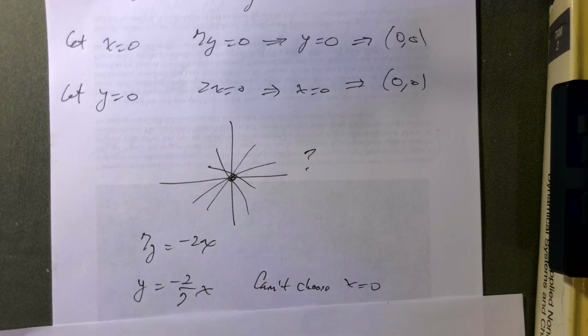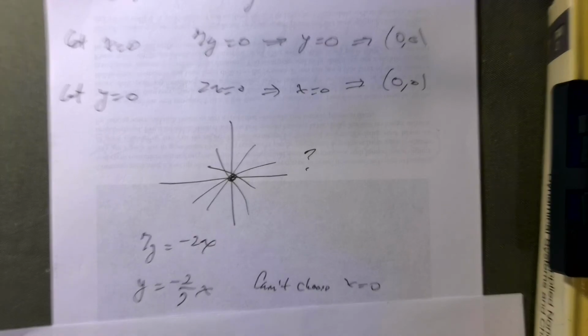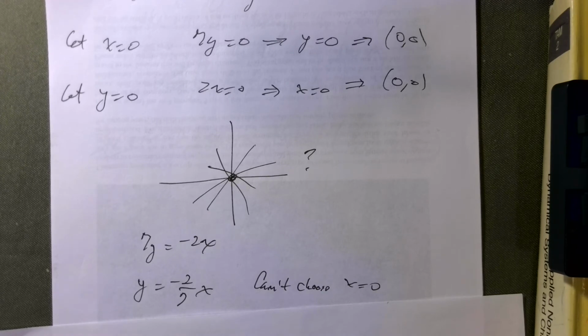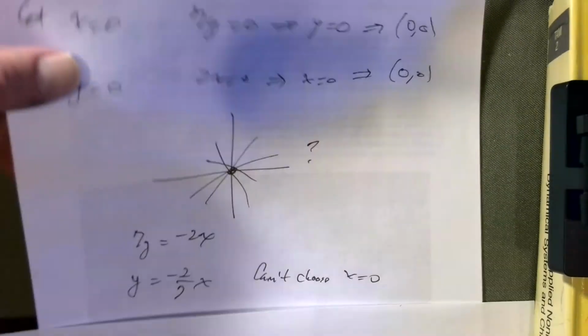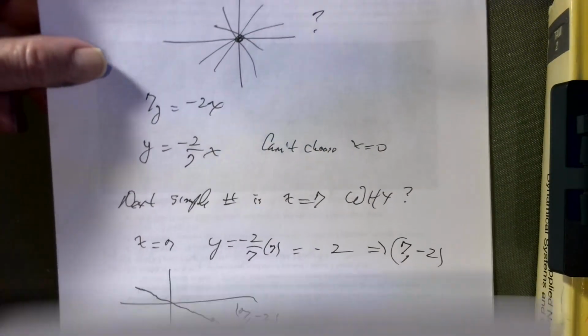I claim the nicest value of x for this particular problem is not 1. It is 7. Let me say that again. The nicest value of x that you could choose is not 1. It is 7. The reason I say that is 7 will cancel the 7, and I don't have to work with fractions. This is going to come back to us when we do linear programming problems.